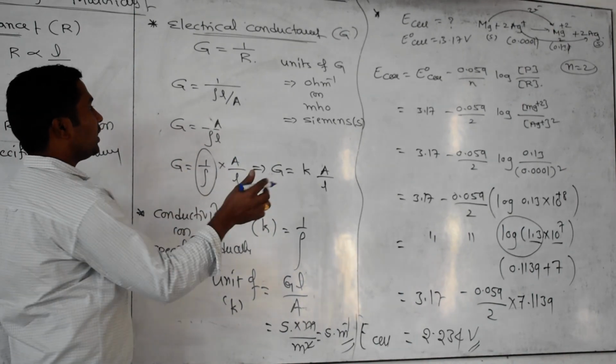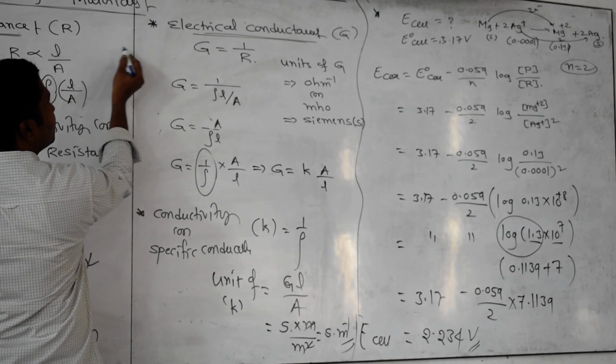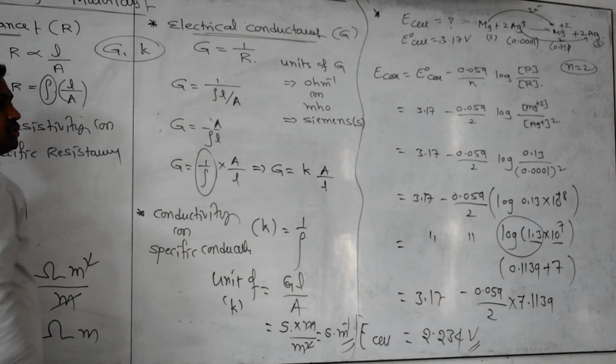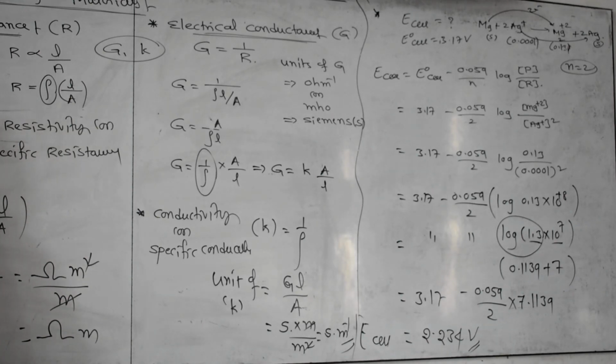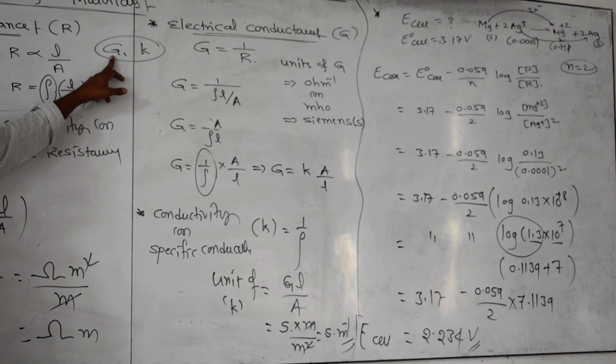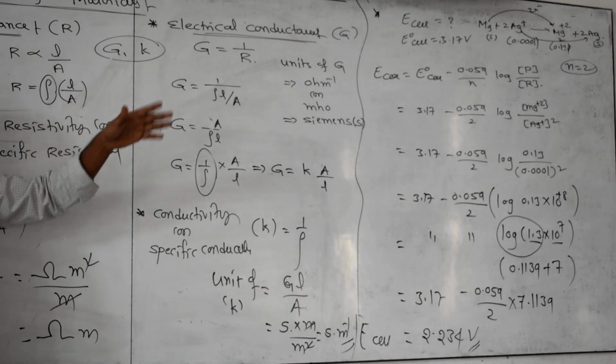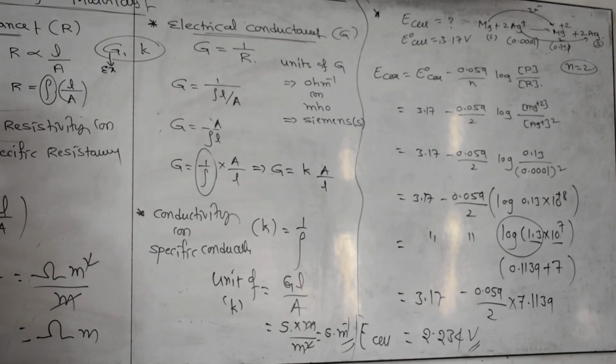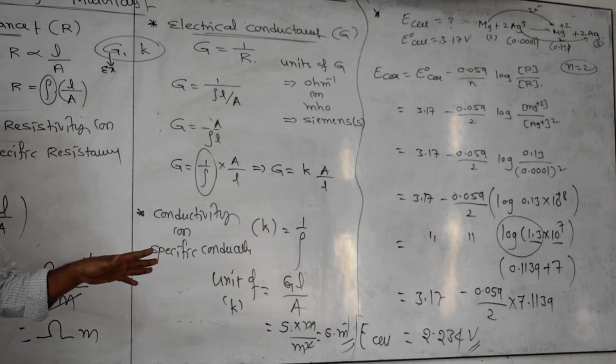So again I am asking one question: conductance and conductivity, which is the extensive property and which is the intensive property? Conductance is indirectly depending upon the length of the body and all these things. That's why this is called an extensive property. K means fixed. You take this much or this much, its conductivity will remain the same. Why?